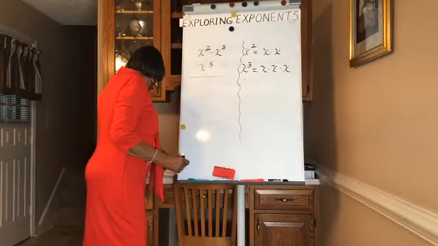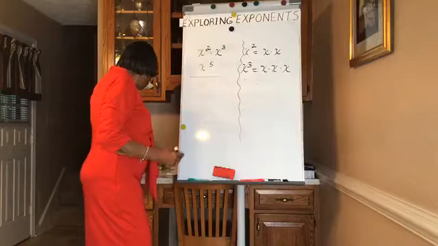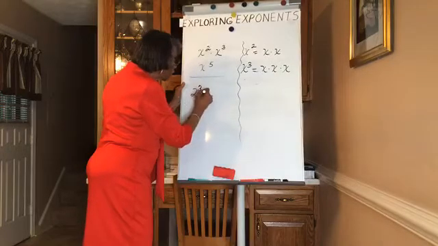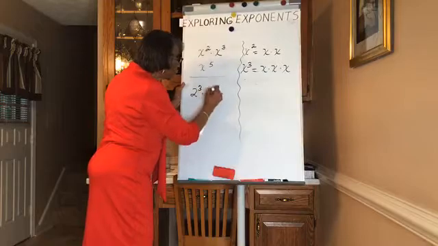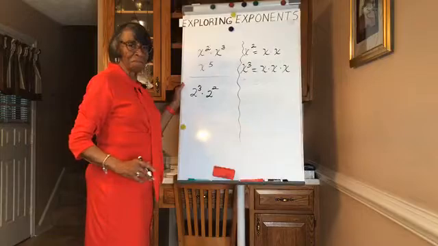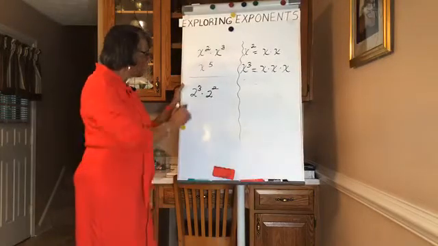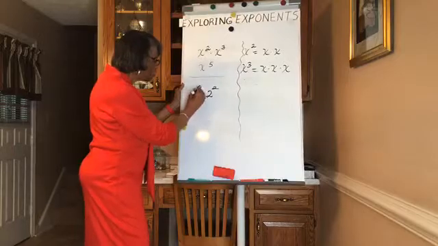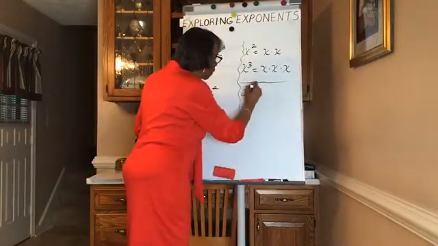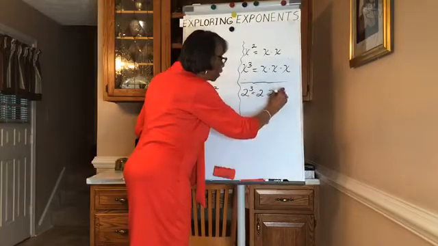Let's do this one. 2 to the third power times 2 to the second power. So we could see, I just reversed those. See what you get for that. So let's expand it. 2 to the third power is 1, 2, 3.